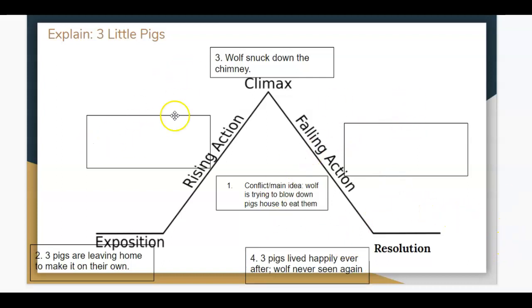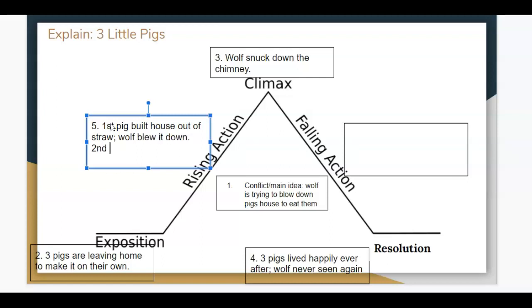So now I can just go and fill in the rising action and the falling action. What led to the wolf sneaking down the chimney, and what happened after the 3 pigs left their home? Well, we're going to write 2 to 3 events that happen. I'm sorry, this is number 5. The first pig built a house out of straw. Wolf blew it down.